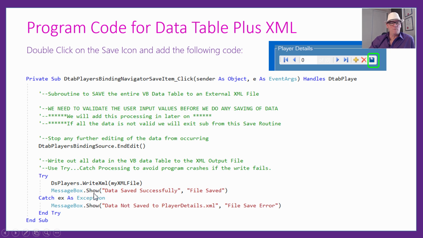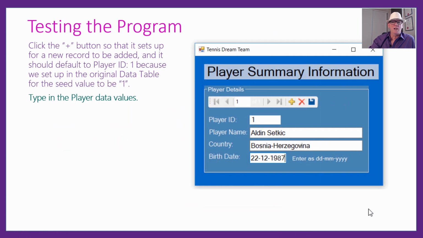And we need to give a message box to tell them that it did save successfully and the file is saved. If our Try-Catch bombs out and something goes wrong, well, we need to tell them the data didn't save, that there was a file save error. So always have your Try, Catch, End Try there whenever you're writing out a file. And you should have picked that up already from what we've done in previous lessons to do with files.